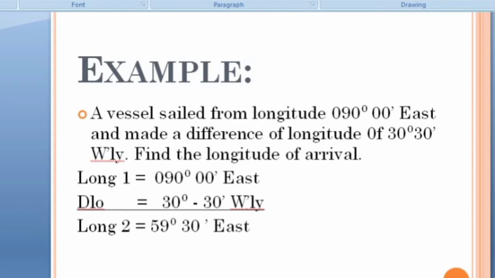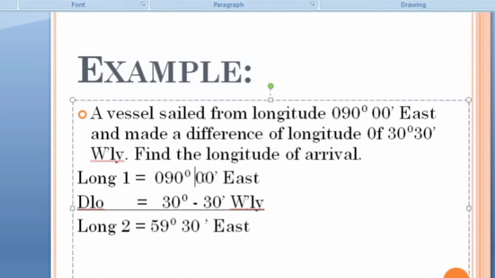Okay, so we have subtracted the value from 90 degrees. Since we have 0 minutes here, we need to borrow 60 minutes, or 1 degree, from the 90 degrees. So we only have 89 degrees left, and we have 60 minutes here.